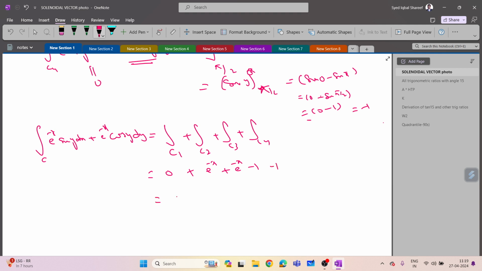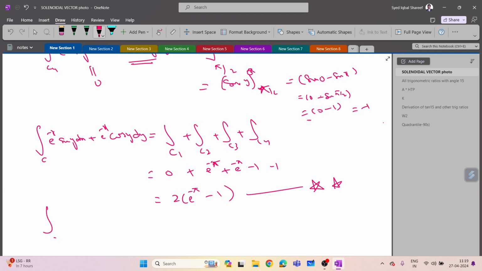So if we take common, 2 e to the power of minus pi minus 1. This is one.